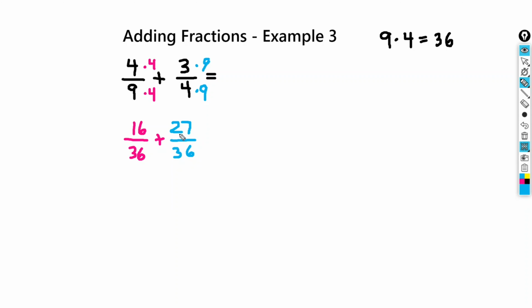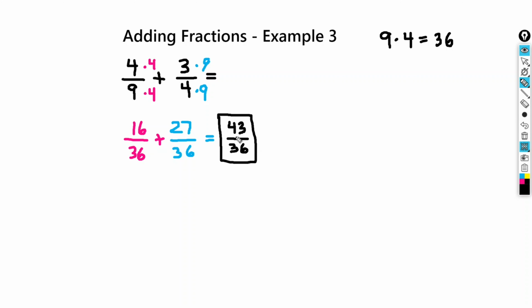So we're going to add 16 plus 27. So add the 6 to the 27. That's going to give you 33 plus 10 is 43. And then we're going to keep the denominator of 36 the same. Okay, so we got 43 over 36.